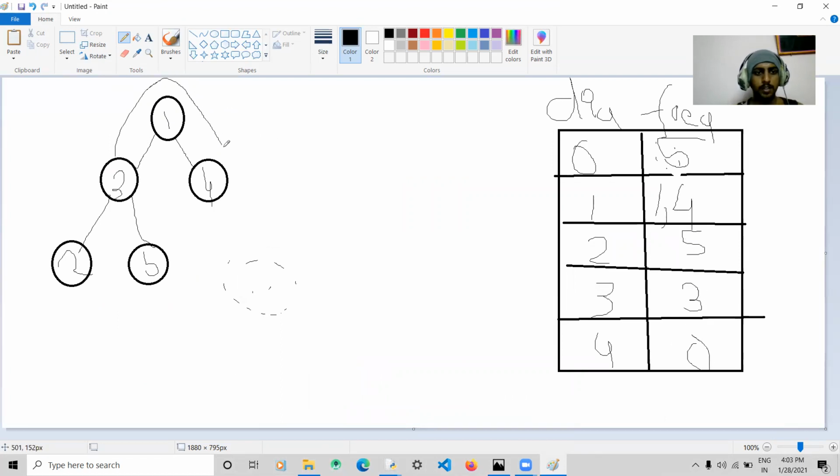So let me say how this is 1, this is 2, this is 3, and this is 4, keeping this and deleting everyone. And we want one more. How do you get one more? 1, 2, 3, 4, and 5.